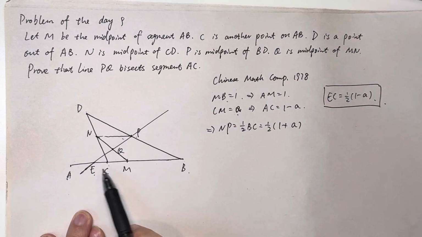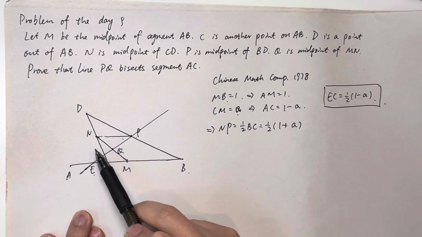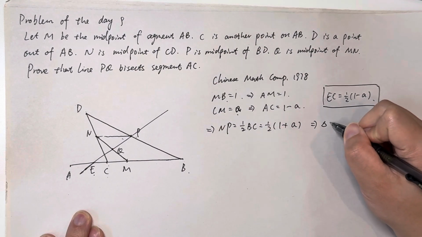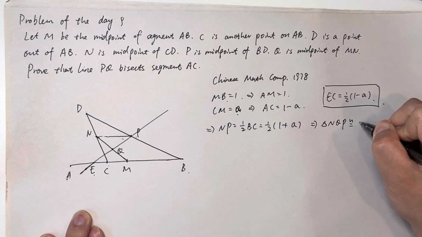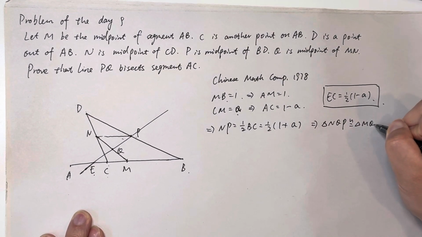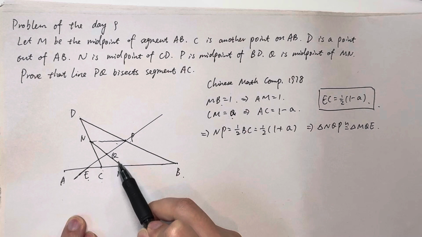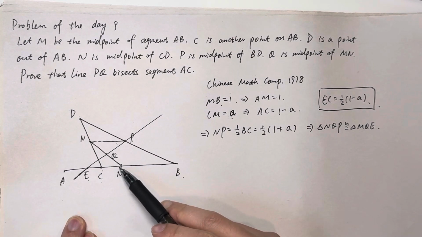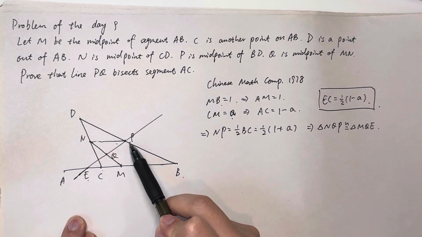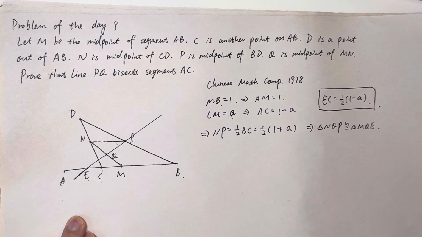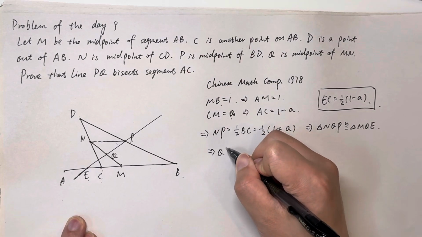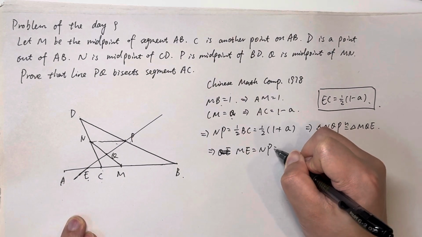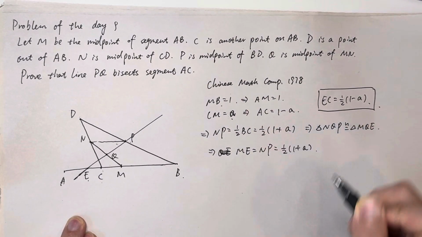And because NP is parallel to BC, and Q is the midpoint of MN, we can easily prove that triangle NQP is congruent to triangle MQE, right? Because all the angles are equal, and we have NQ equals MQ, which means triangle NQP is congruent to triangle MQE. So ME equals NP equals half of 1 plus A, right?